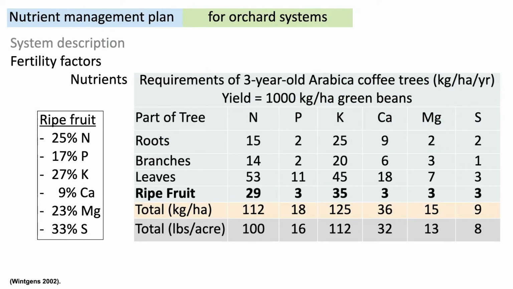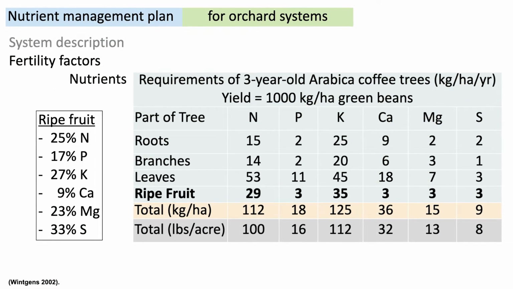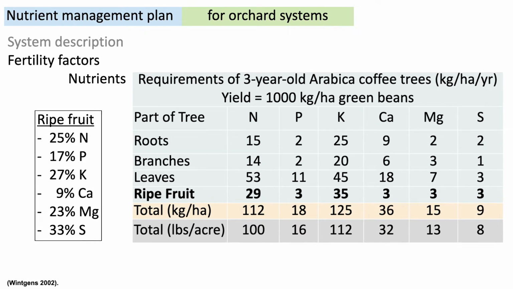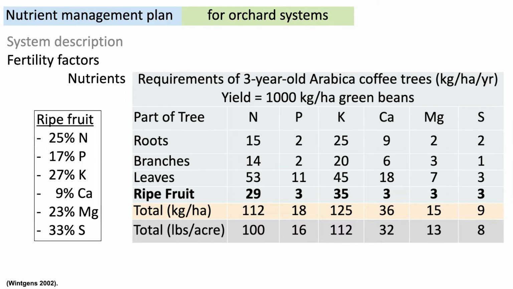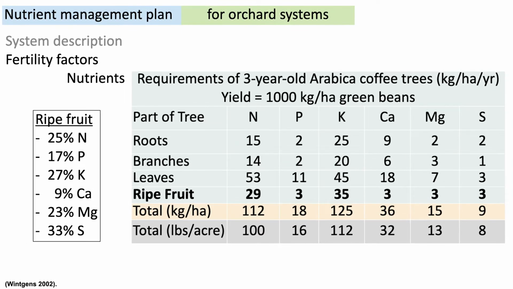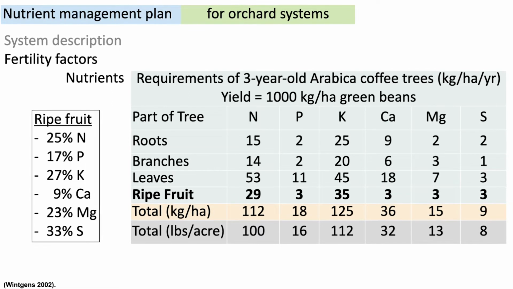For the nutrients, I've provided the nutrient requirements here of 3-year-old coffee trees. What's important is that these nutrient requirements are yield-based, so they're related to the productivity of the tree. The lower the productivity, the fewer nutrients it's going to need. If you have higher yields, the more nutrients it's going to need.